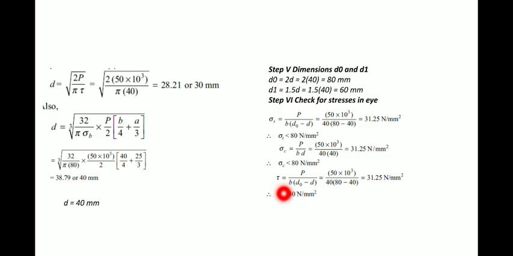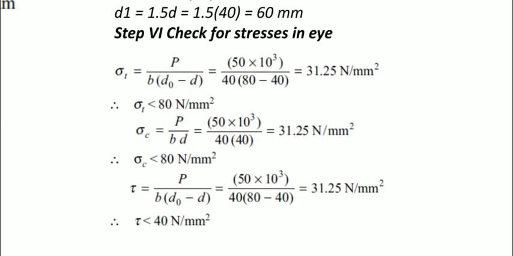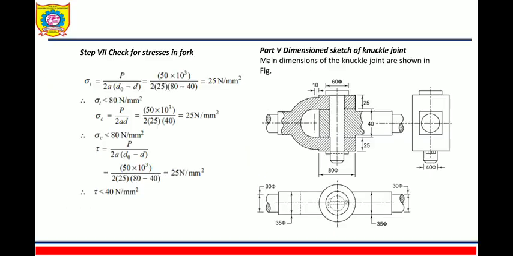Tau is equal to P upon b in bracket d0 minus d, which is 31.25 again, which is less than 40 Newton per mm square. So here the design of eye is safe against tensile stress, crushing stress and shear stress. Next we have to check the design for fork.